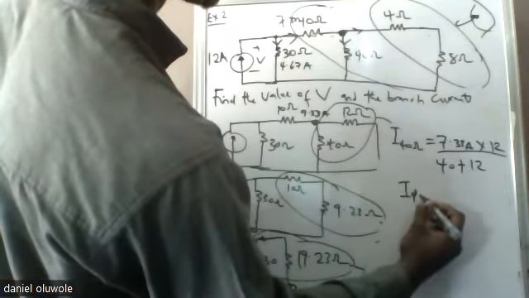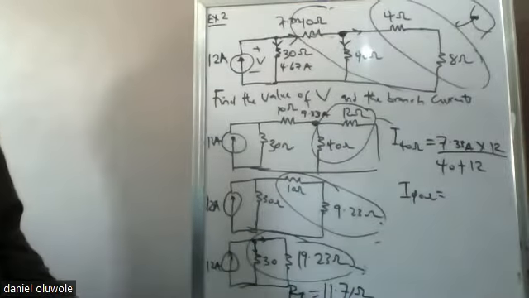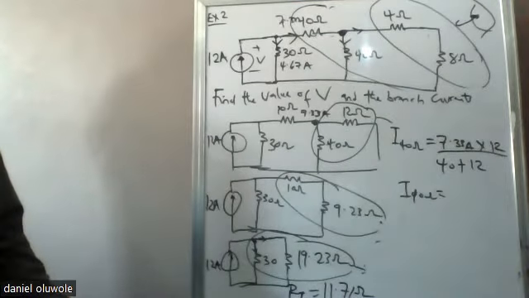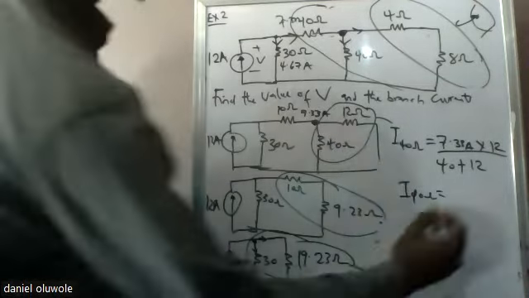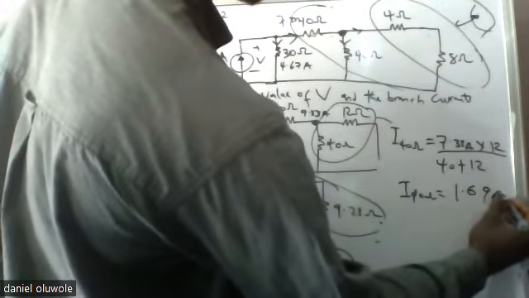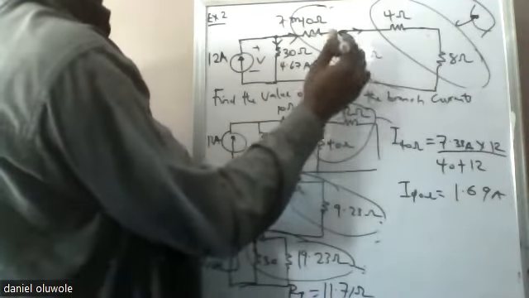And what is that going to give us? 1.69. So this 1.69 amps is what came into this place.